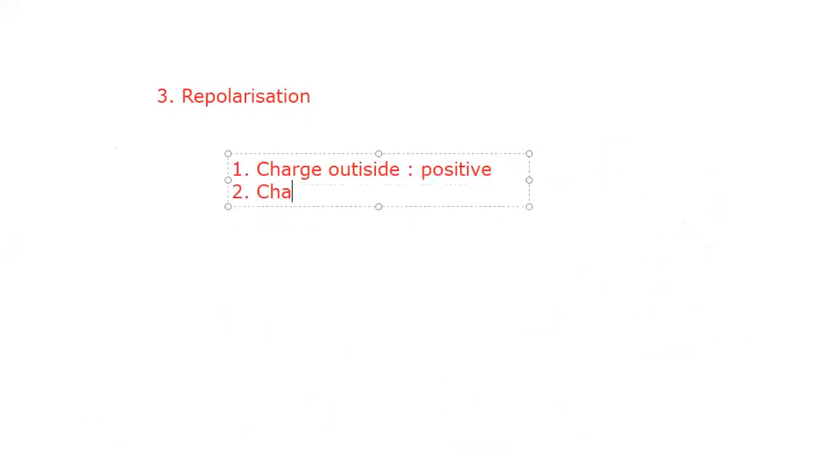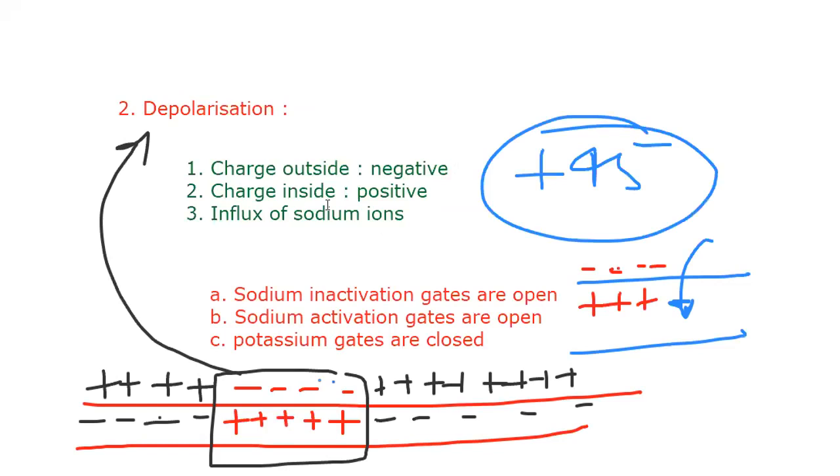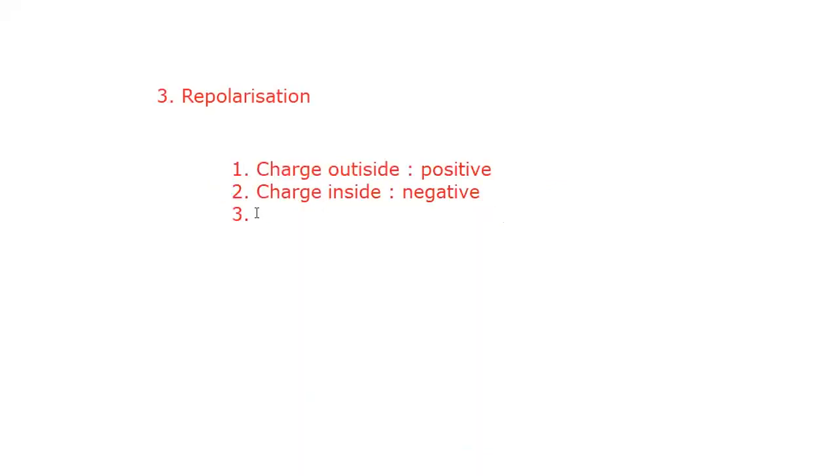Okay, the charge inside is going to be negative. Number 3, then voltage. We wrote influx of sodium ions in depolarization. So what we can write here, there is an efflux of potassium ions because we are getting back.